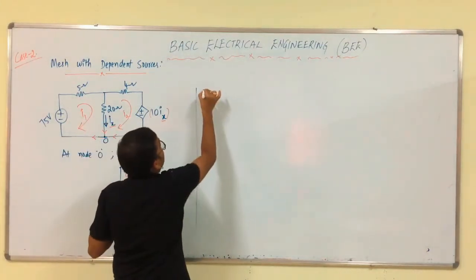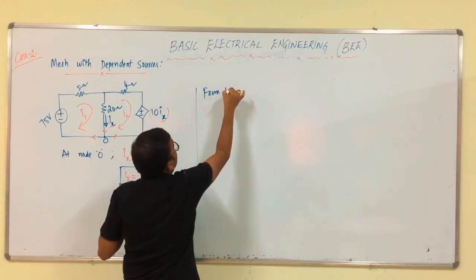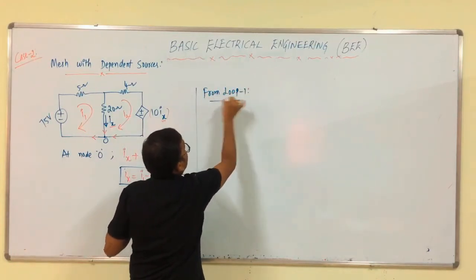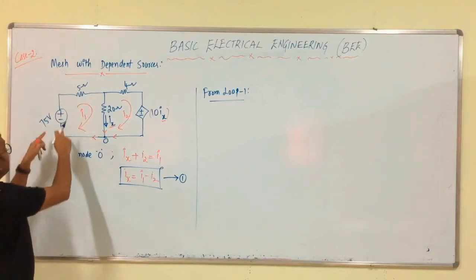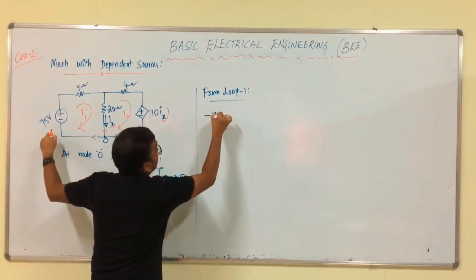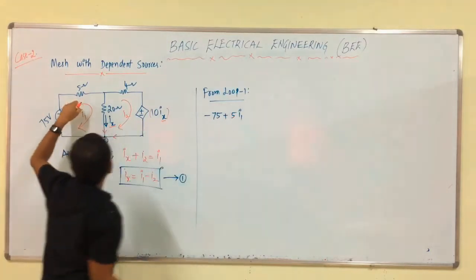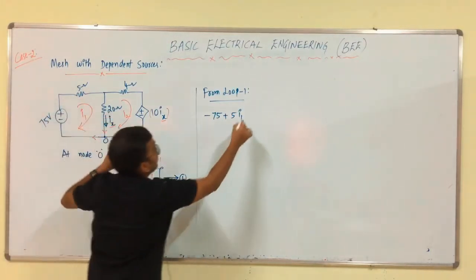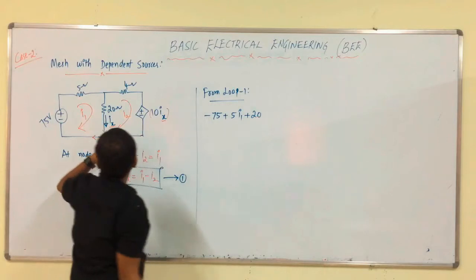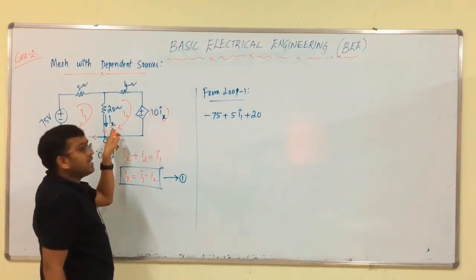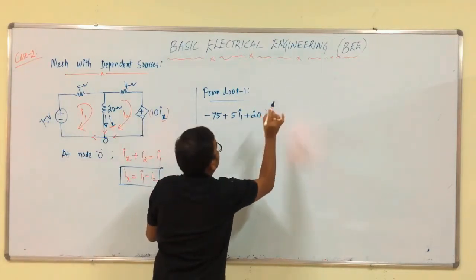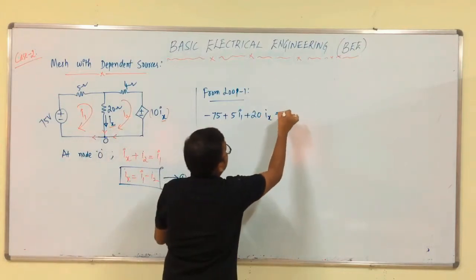Now, we have to write loop equations. From loop 1: minus 75 plus 5 I1 plus 20 into the current through this branch, which is nothing but Ix, equals 0.